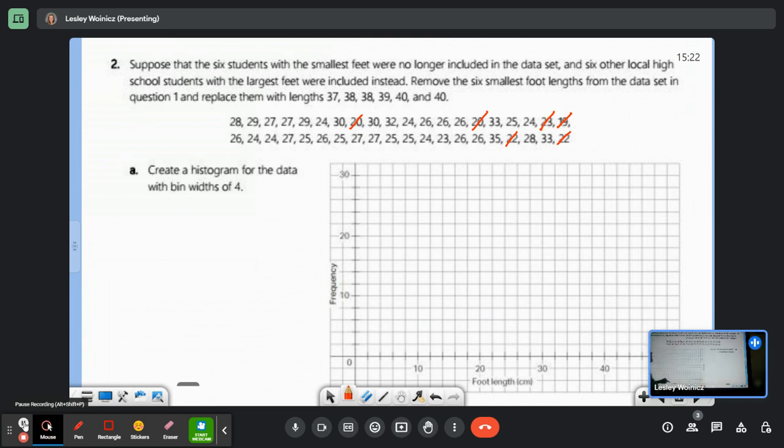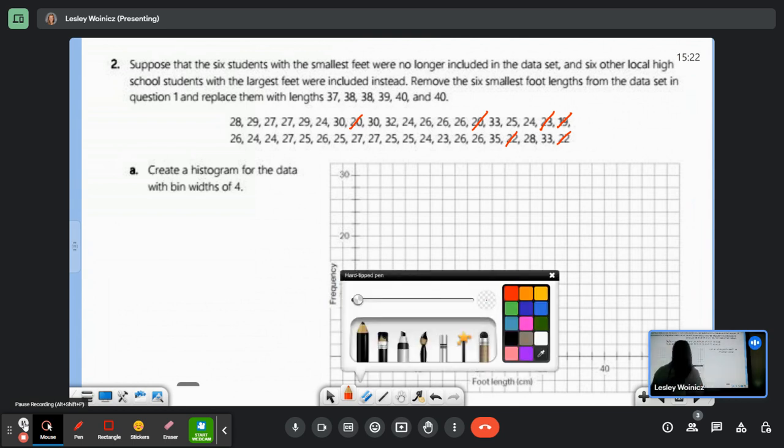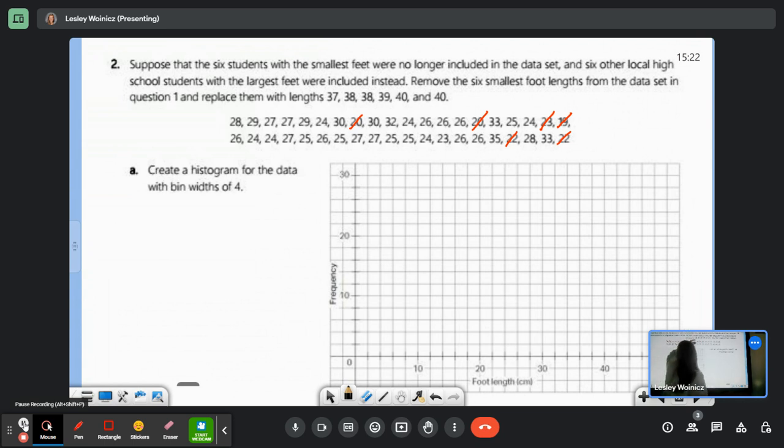Yeah. Okay, so those 6. All right, and we're replacing them with 37, 38, 38, 39, 40, and 40. Okay, so same bin size.